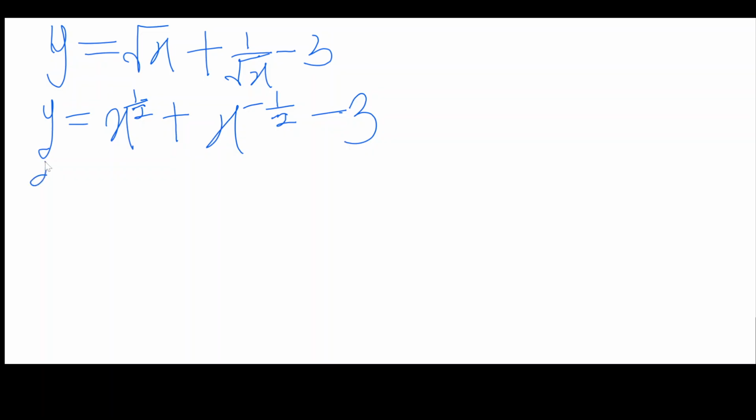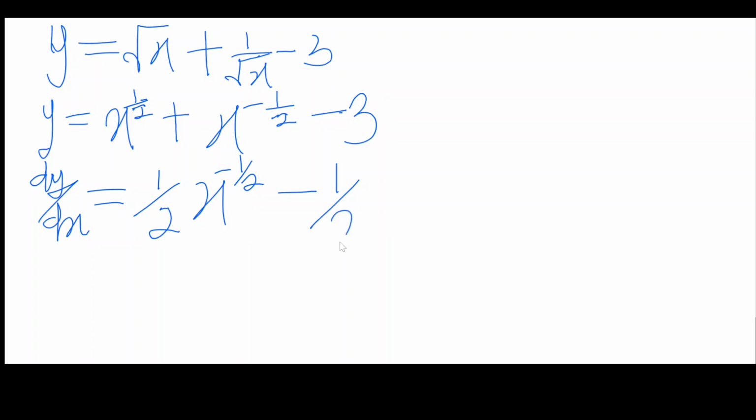So we have dy/dx equals, we have half x to the power of negative half, because we're going to be subtracting 1 from the power we have here, which is half minus 1, and half minus 1 is negative half. So we progress. So we have minus half, because we're going to be multiplying the power with the coefficient that we have here, which is 1.